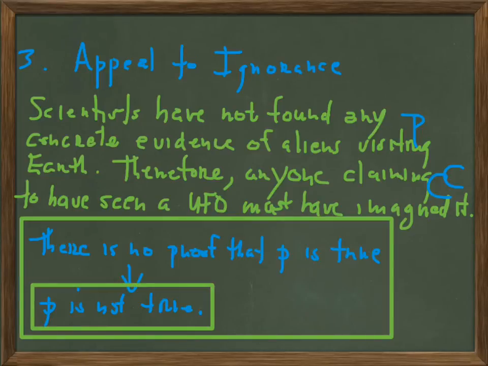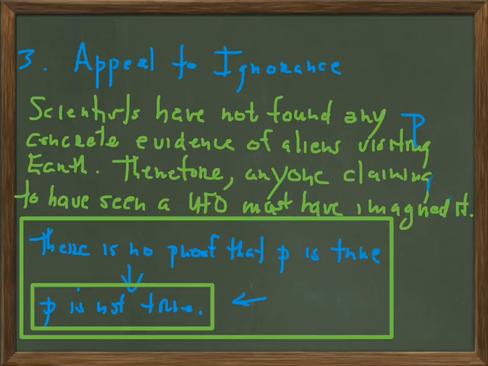So let me make this fine point of distinction here. Again, this conclusion right here, P is not true, cannot be made if all we have is that there is no proof that it is true. In the next section, we will look at more fine-tuned arguments: what is the likelihood that something is true?